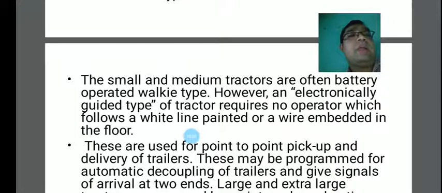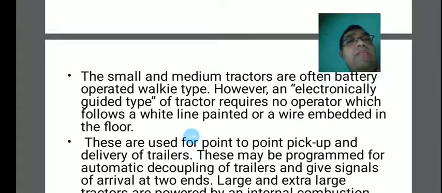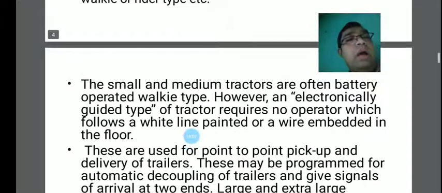The guided tractor requires no operator. It follows a white line painted or a wire embedded in the floor.